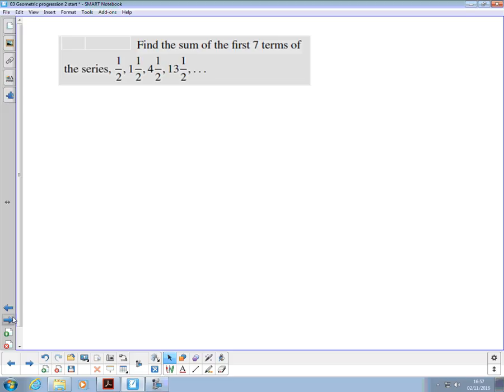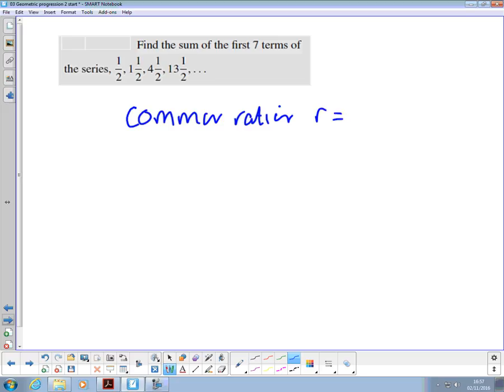So, on the next page, there's one to have a go at. Sum of the first 7 terms of half, 1.5, 4.5, 13.5. What is the common ratio R there? What is it?